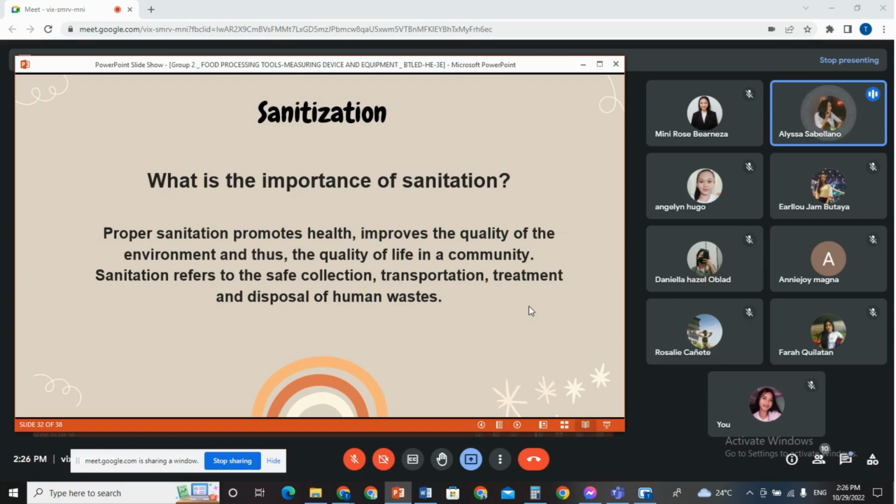So, what is the importance of sanitation? Proper sanitation promotes health, improves the quality of the environment, and thus the quality of life in a community. Sanitation refers to the safe collection, transportation, treatment, and disposal of human waste.